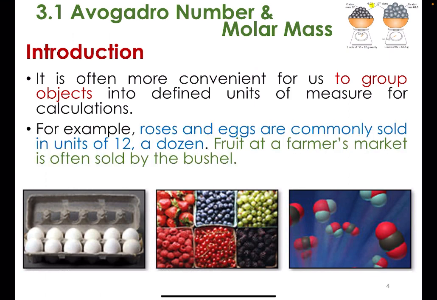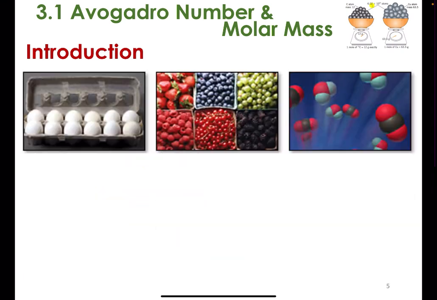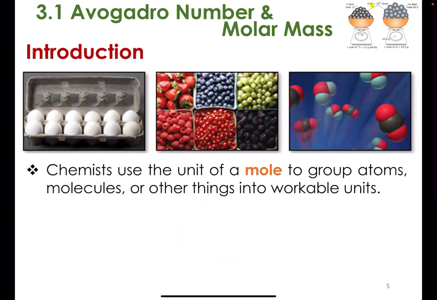So that is how you will use this concept in terms of chemistry, where chemists usually use the unit of mole to group atoms, molecules or other things into workable units.